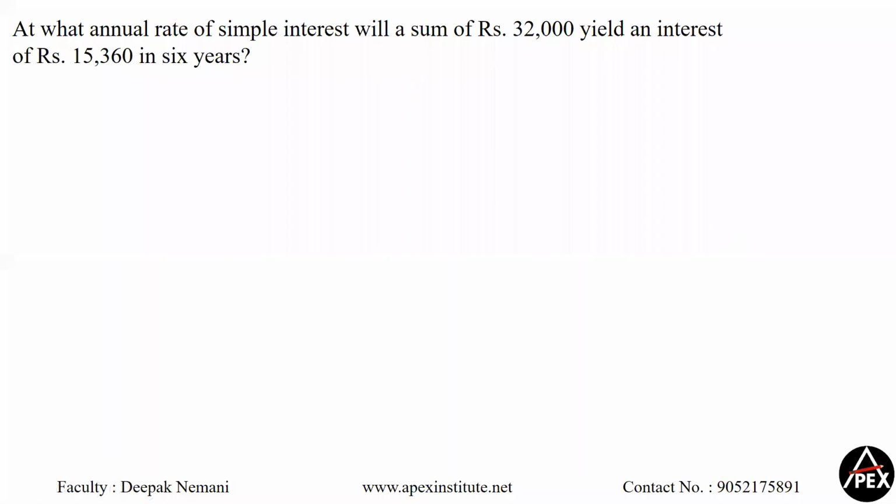8%, 8%, 8%. I guess 8% should be the right answer. Yeah. Same answer from everyone. So let's see. At what annual rate of simple interest will a sum of rupees 32,000 yield an interest of 15,360 in 6 years? Okay.